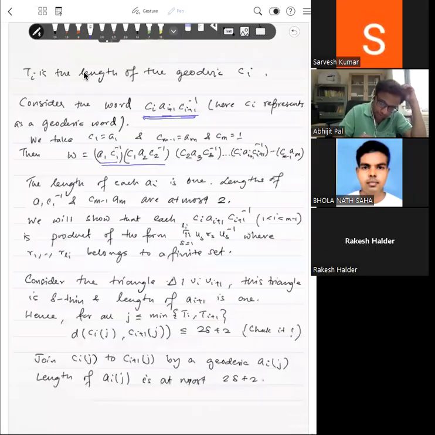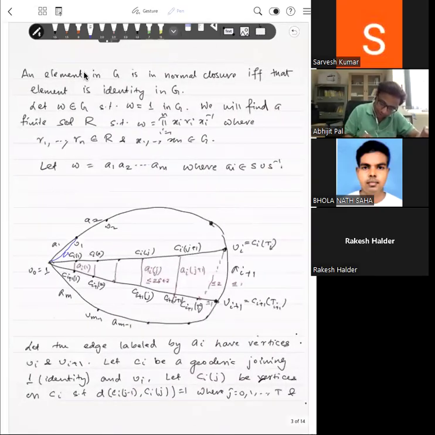The second one will be C1 A2 C2 inverse. So W can be written like this. First, observe this thing. Now we are going to look into this subword of W, so again we are looking into this triangle.